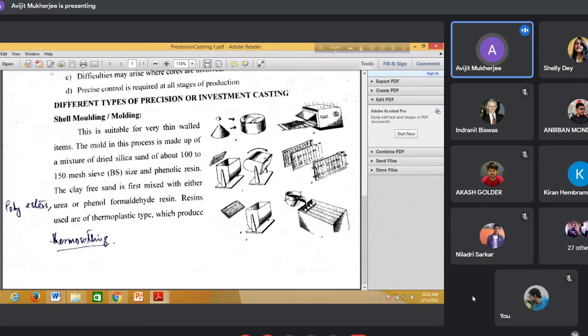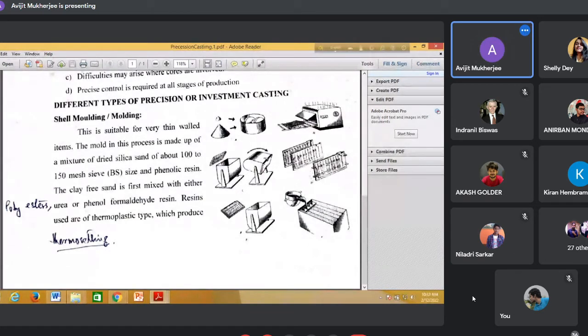The material is deposited on the pattern. Then again it is heated in an oven. After solidification, the metallic pattern is removed or ejected and the ceramic mold is prepared.